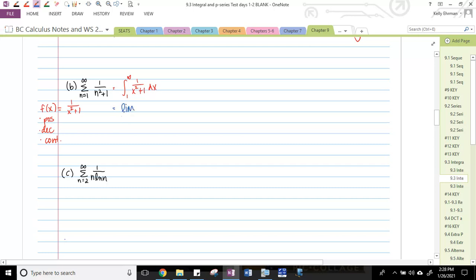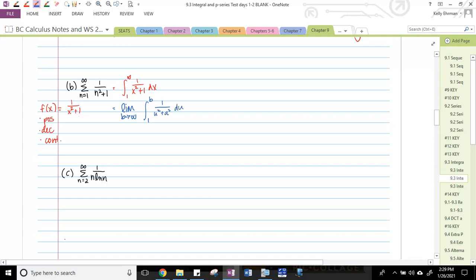Limit as b approaches infinity of the integral from 1 to b. So what is this 1 over x squared plus 1? Remember, a constant over a sum of two perfect squares is usually an arctangent problem, right? So I'm going to write it as 1 over u squared plus a squared du.